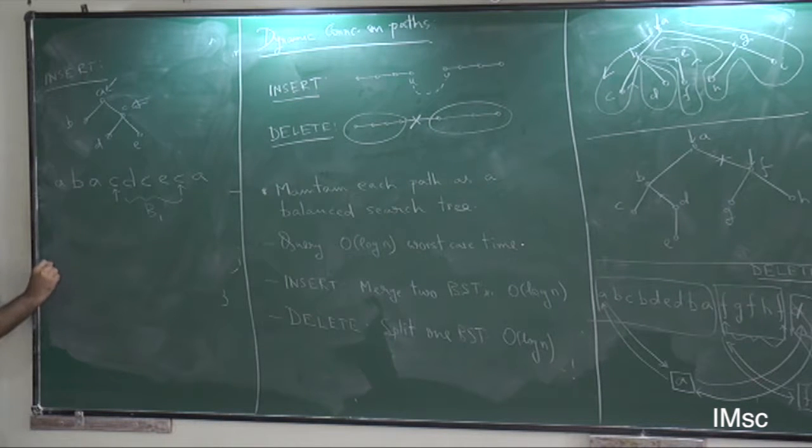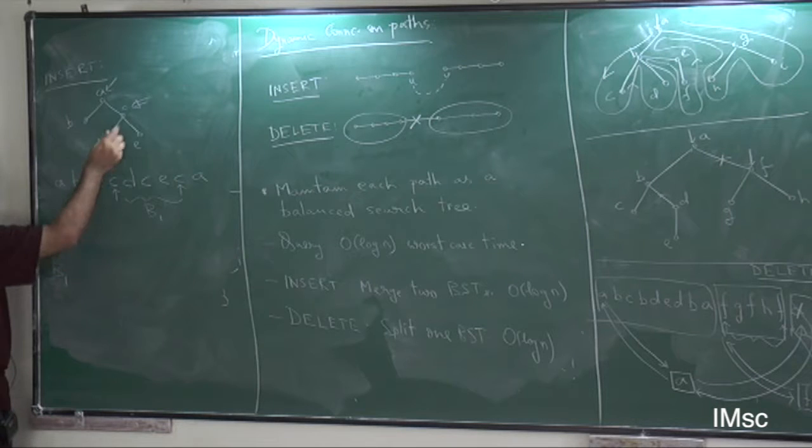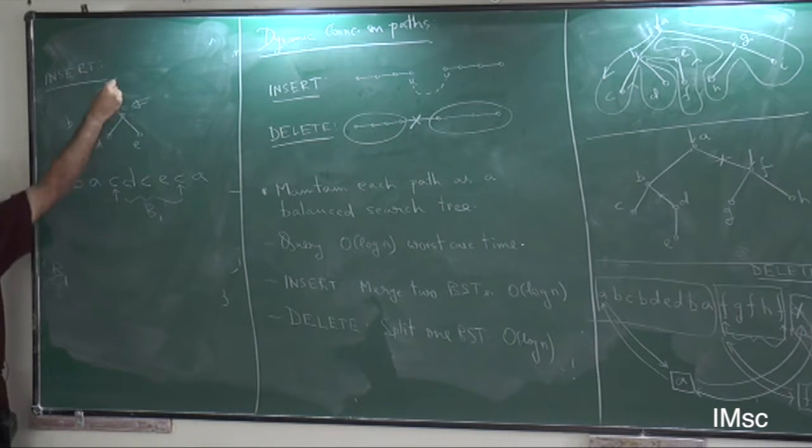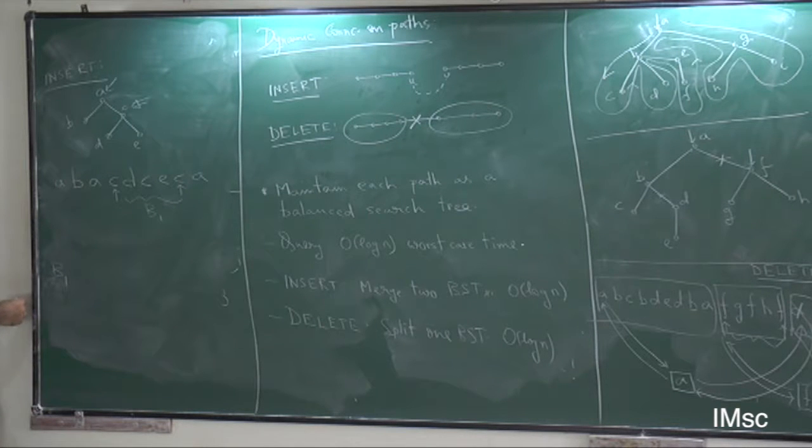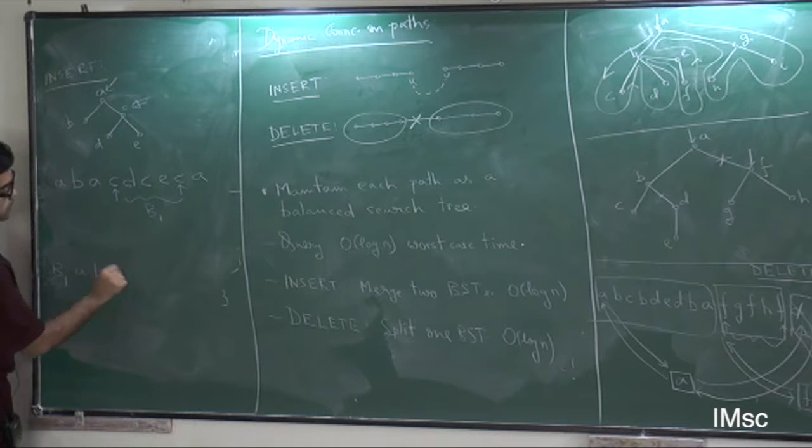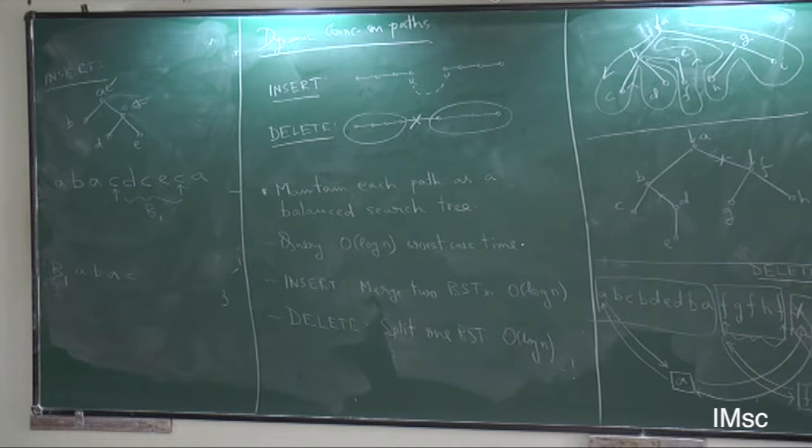So, you can start with B1 if you are rerouting it at C. You start with this part first, and then you go back to A, then come down to B, and again go back to A, and then it is C. But this part is already present here.